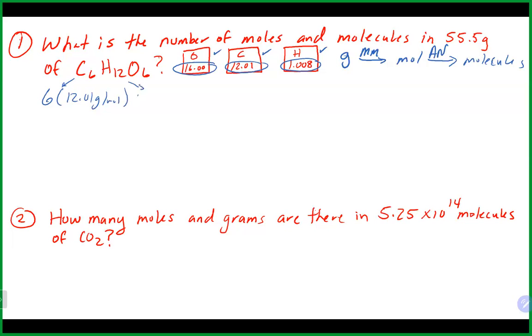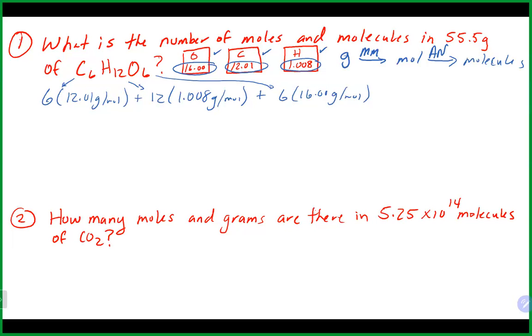Has 12 hydrogens, each at 1.008 grams per mole. Again, this is coming from the periodic table, these numbers. And we have 6 oxygens, which are each 16 grams per mole. We basically want to add all that together, and that will give us our molar mass of this compound.